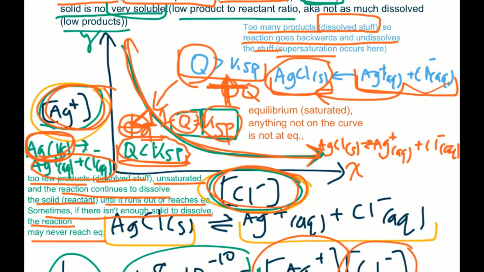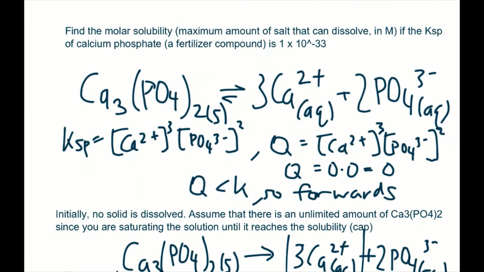So for every 1 Ag+, there will be 1 Cl-, and it will move up until it hits the curve. And once it hits the curve, the balance between Ag+ and Cl- will be fulfilled, and the system will have reached equilibrium. So now let's talk about the math.